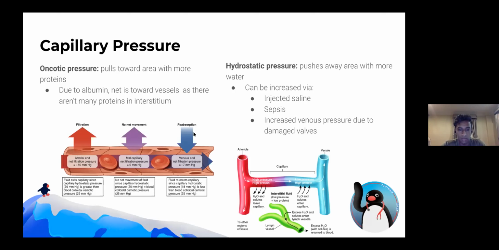After that, fluid re-enters the capillary because your capillary hydrostatic pressure is less than the blood. So the main pressure is your hydrostatic, and what influences it is your oncotic. In this region where there's reabsorption, there's greater oncotic pressure because there are greater proteins, albumin, compared to your tissue area.